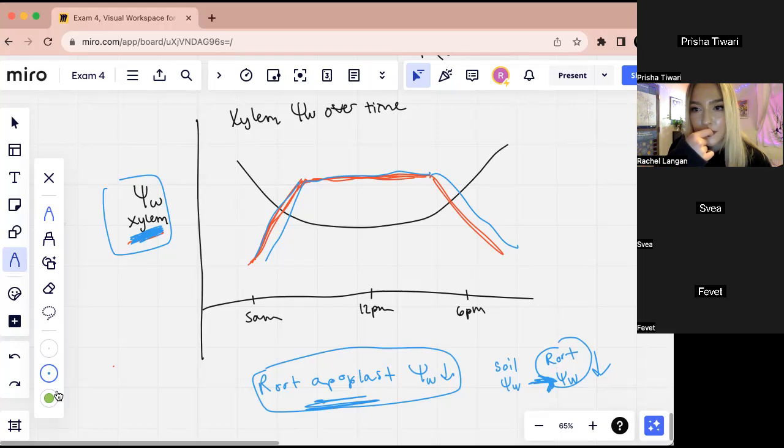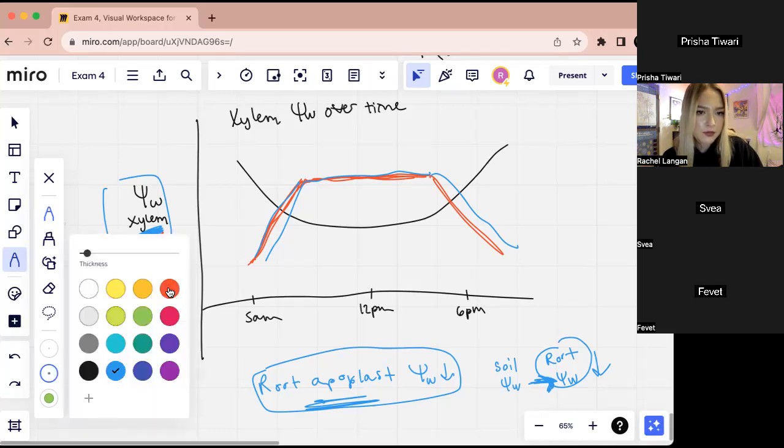If the water potential is low, then why would the transpiration rate be high? Because if water potential is low, then wouldn't we want more water to be entering? Yeah, so why is water potential low when transpiration rate is high?